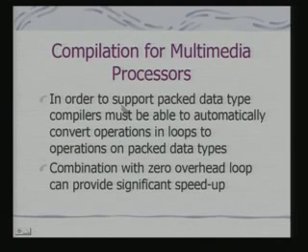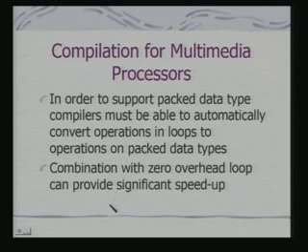So, what we say is that in order to support packed data types, compilers must be able to automatically convert operations in loops to operations on packed data types. The operation that I am doing on 256 cross 256 pixels individually has to be converted into an appropriate number of loop iterations, because I can now pack 8 pixels of 8 bits together into a single packed data type and use a single operation to increment each of those bytes.